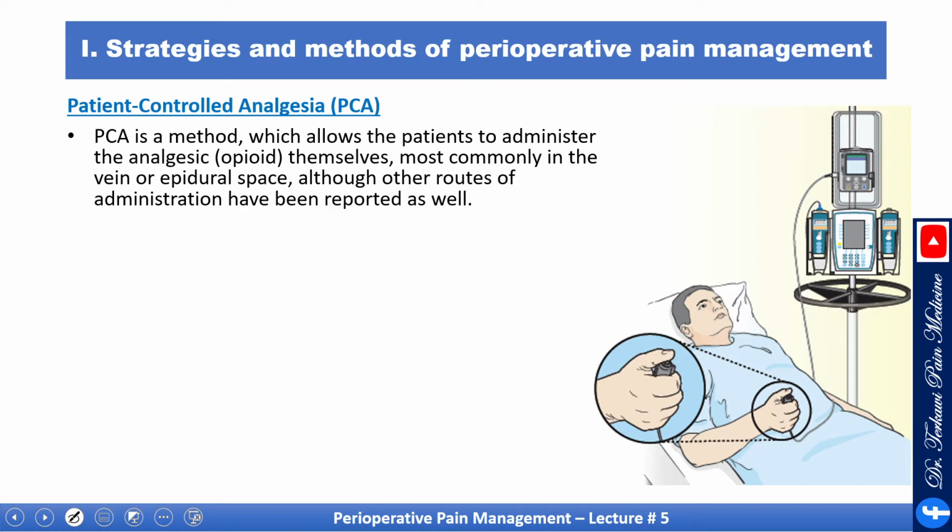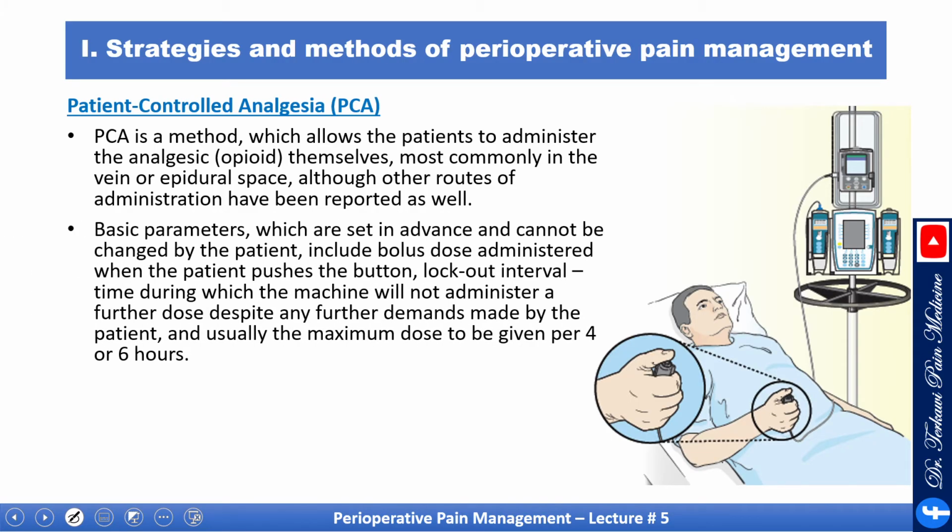Now, another important route of pain management is PCA. PCA is a method which allows the patient to administer the opioid themselves, most commonly in the vein or sometimes epidural space.